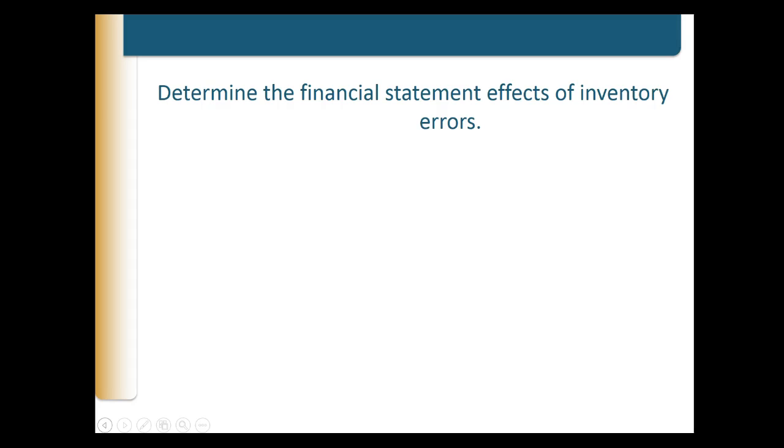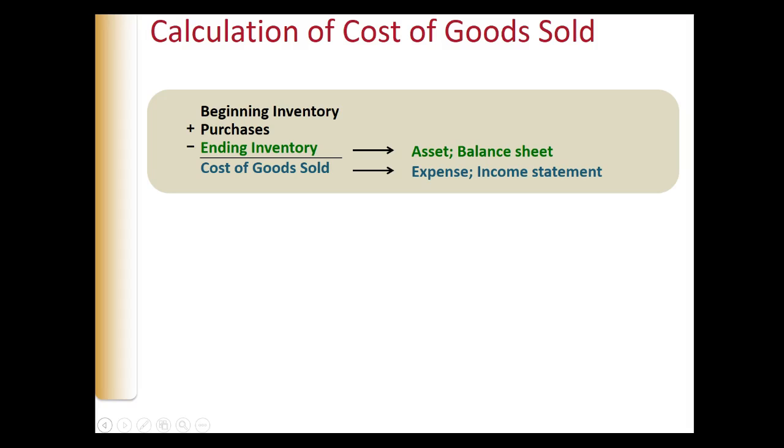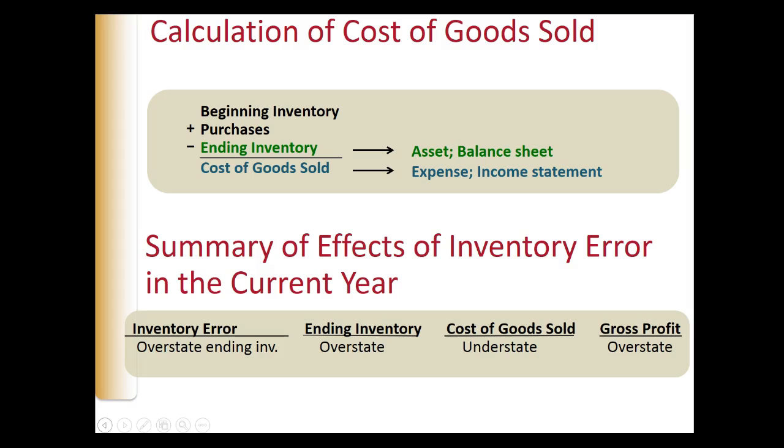Finally, we're going to look at determining the financial statement effects of inventory errors. Errors can unknowingly occur in inventory amounts if there are mistakes in a physical count of inventory or in the pricing of inventory quantities. To understand the effects of an inventory error on the financial statements, let's think about how cost of goods sold is calculated.